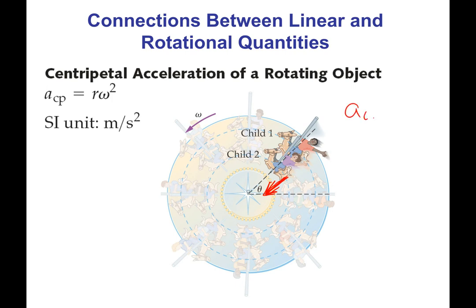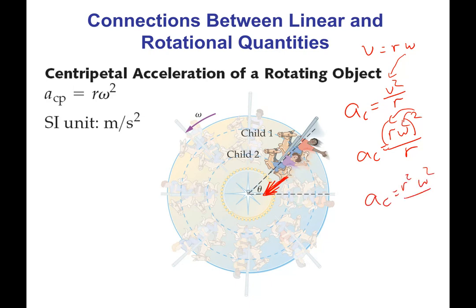But remember, your centripetal acceleration was v squared over r. If we know that v equals r omega, we plug that in, so it equals r omega squared over r. That squared has to go to both things, so we get r squared omega squared over r. We cancel out an r, so we get that it's r omega squared. So that's where that equation comes from.